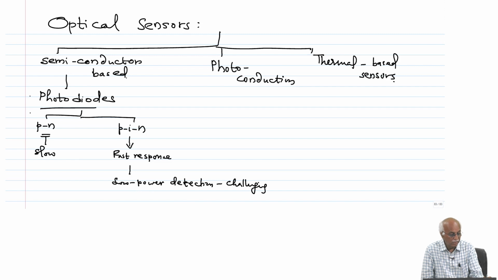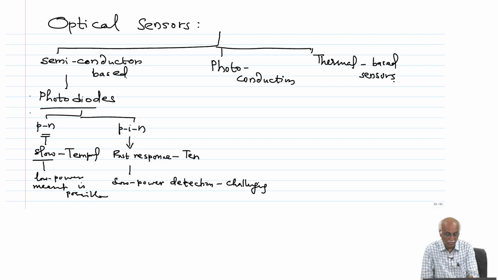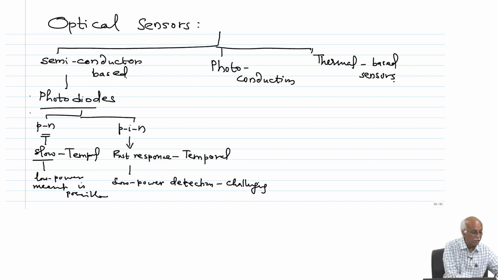In the PN photodiode, the sensitivity is higher and it can measure very low optical power. But the temporal response, the time dependent response, is quite fast in the case of the PIN photodiode, while in the case of the PN type photodiode it is quite slow.